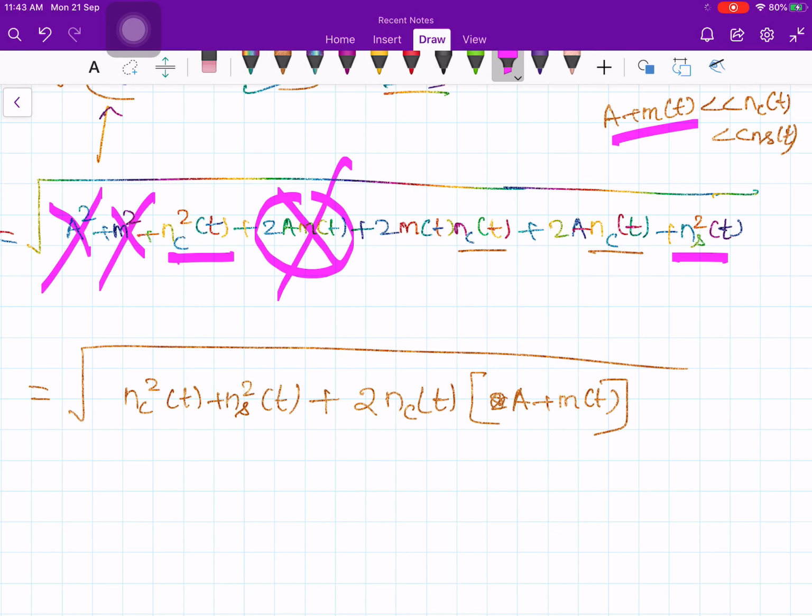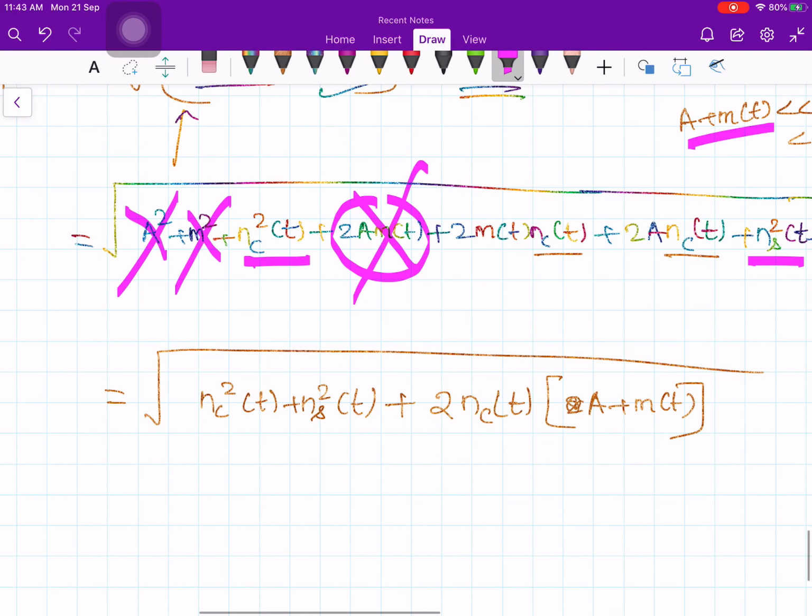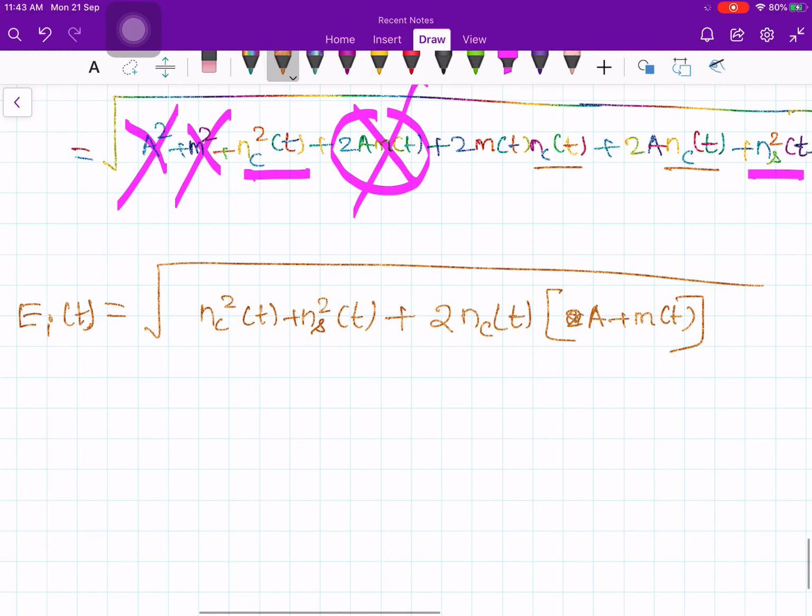Now this is my Ei of t, the envelope under the large noise condition. Now let me consider these two terms, nc square of t plus n square of t. What is that? This is the envelope of the noise process itself alone.